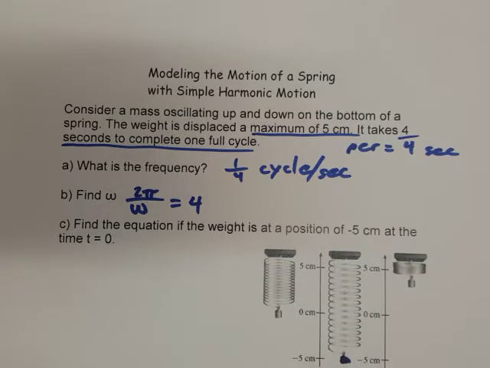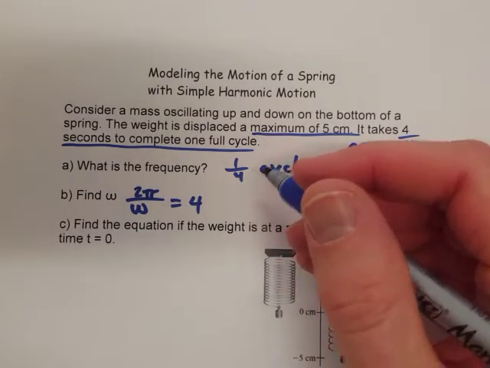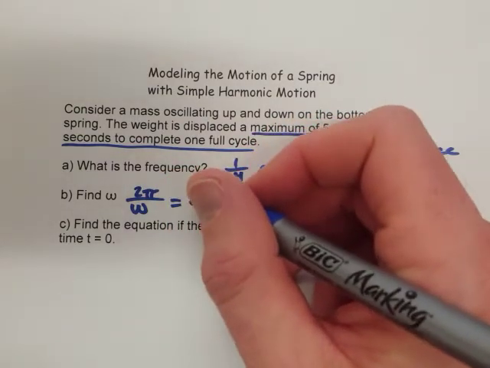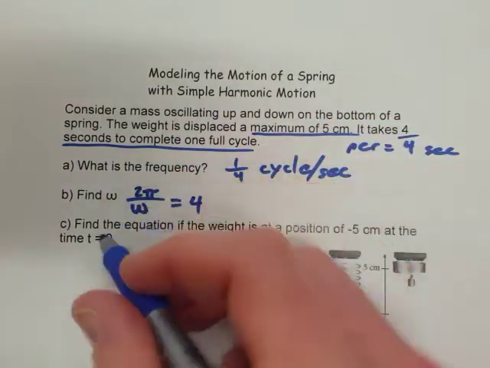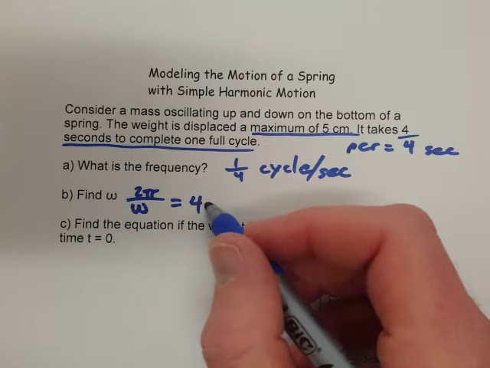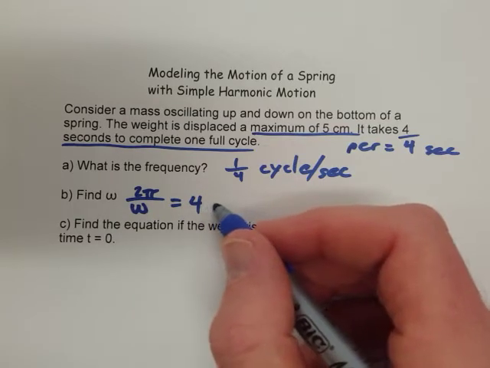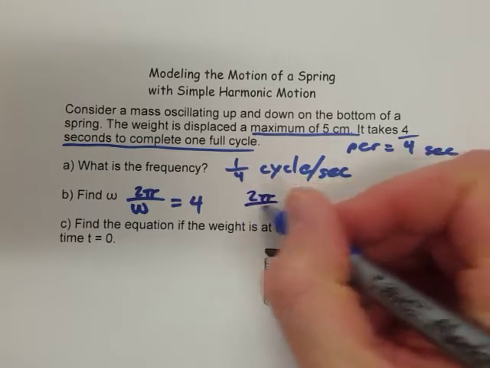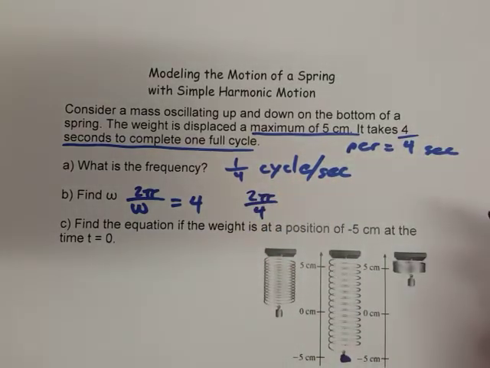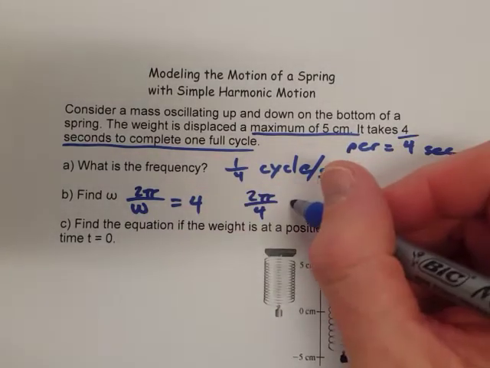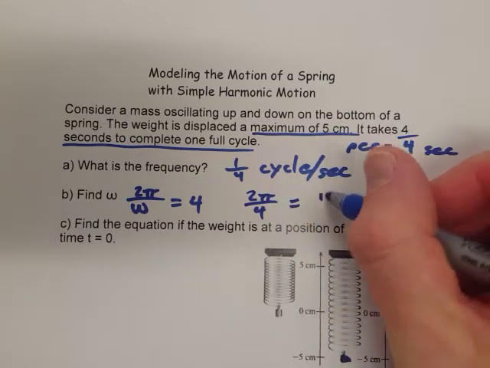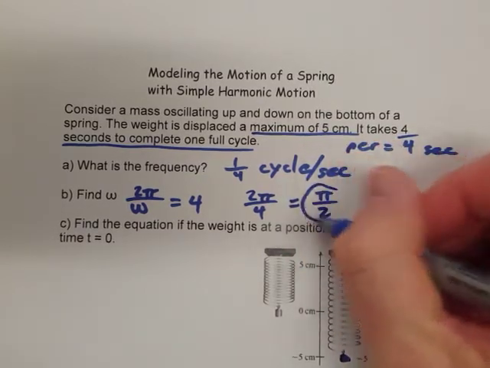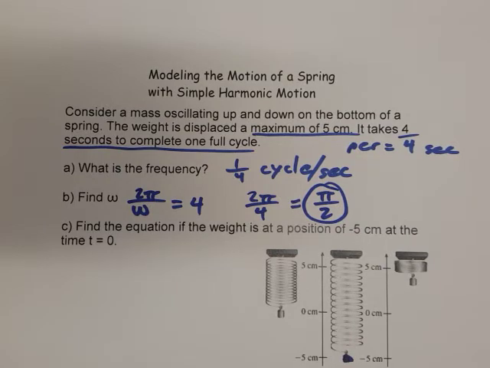Then we can solve this for omega. If we multiply by omega on both sides, we get 4 times omega, divide by 4, so 2 pi divided by 4 is going to be our coefficient, which reduces down to pi over 2. We're finding this in order to write the equation.